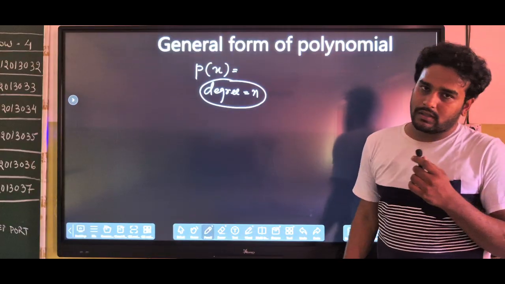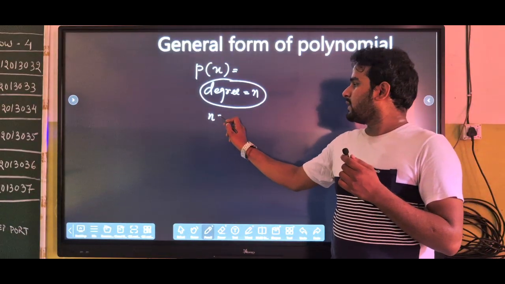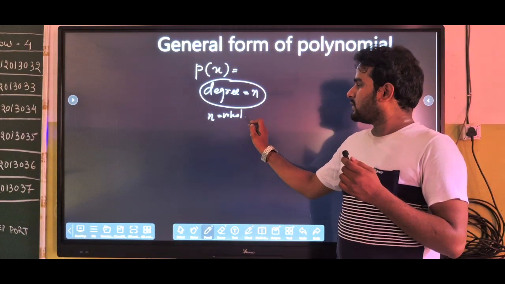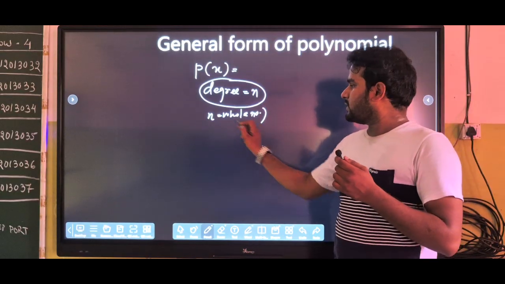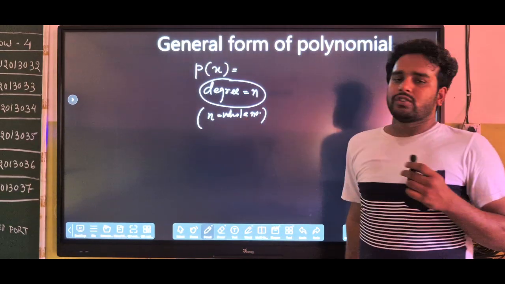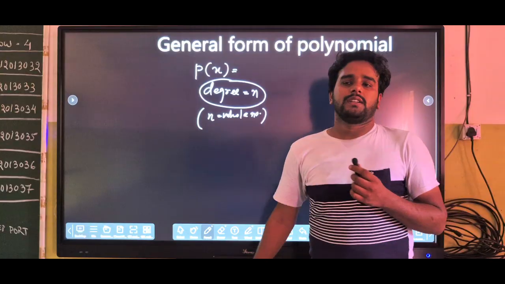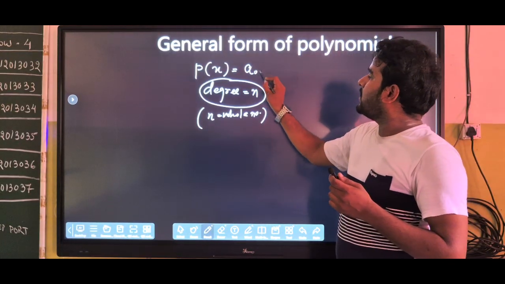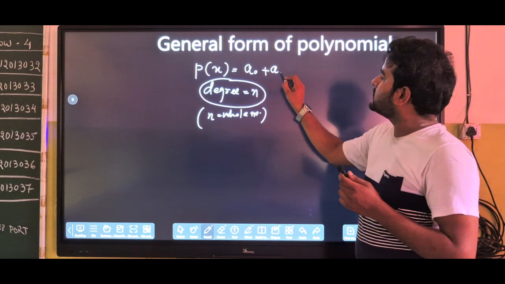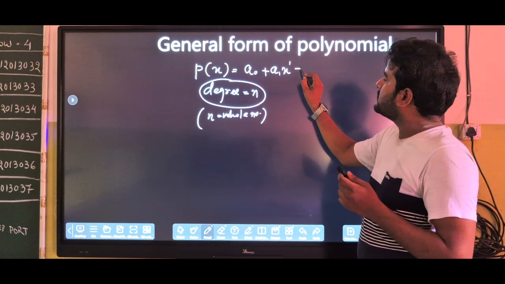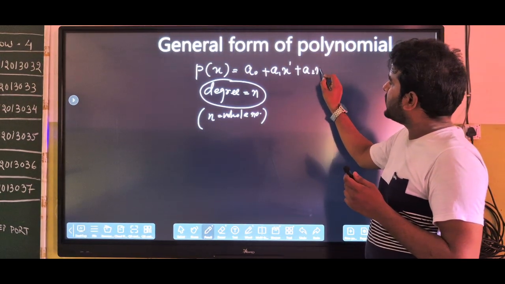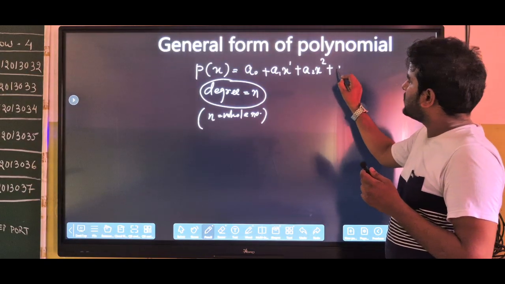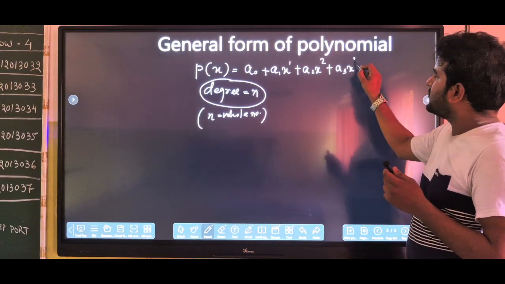n may be any whole number. Okay, n may be any whole number. So the polynomial has degree n. इसका जनरल फॉर्म कैसे लिखेंगे? देखो, a naught plus a1 x to the power 1 plus a2 x to the power 2 plus a3 x to the power 3.